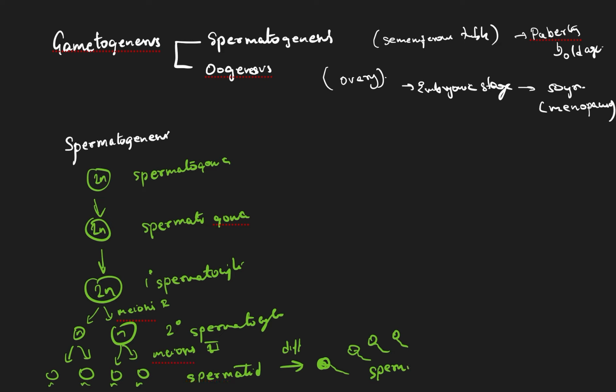So this phase is known as multiplication phase, because multiplication is taking place. Then this phase, if you see, is known as growth phase, and the final phase is known as maturation.